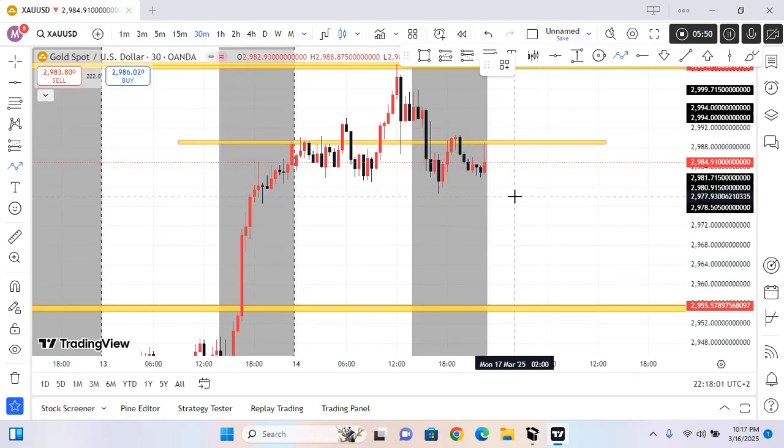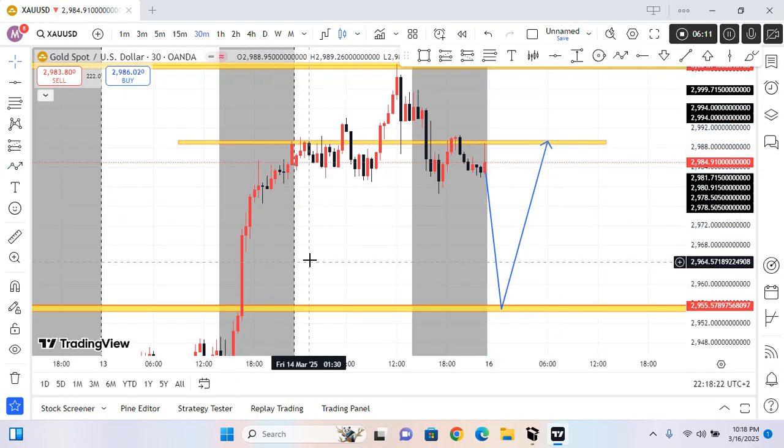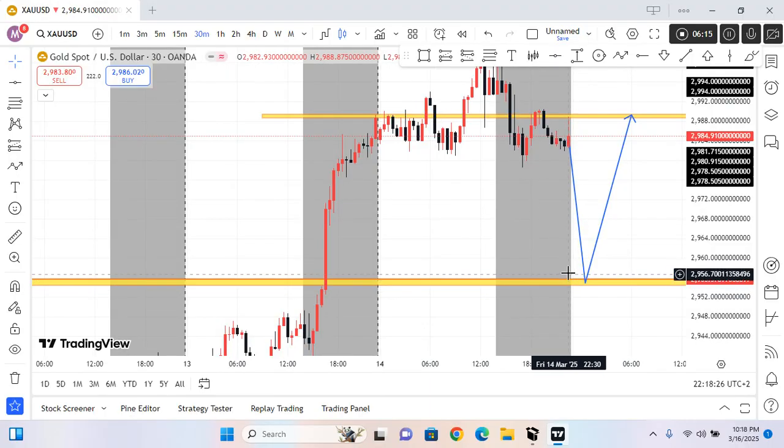If you have money in your account, like tonight, you can wait. If it opens and leaves this rejection, sell from here until right here. It's a bank zone, this one, until this bank zone again. How can we identify whether this is a bank zone?